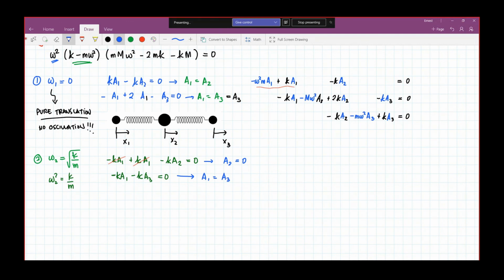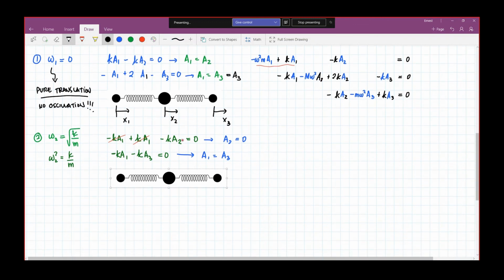So what does the motion look like? In this case, A2 is equal to 0, so the central particle remains the same, similar to what we had earlier.